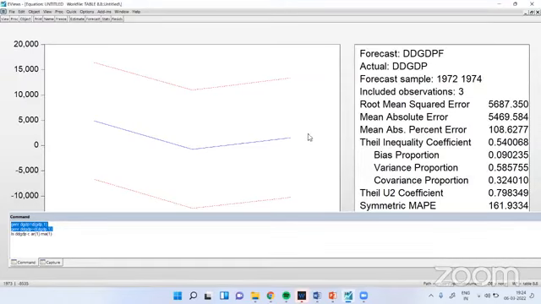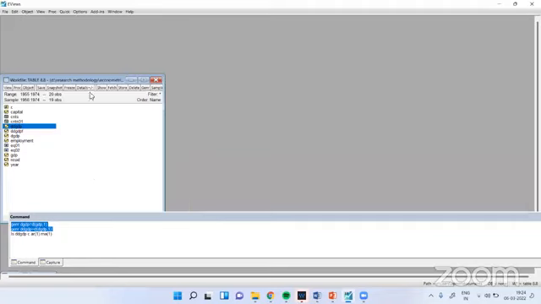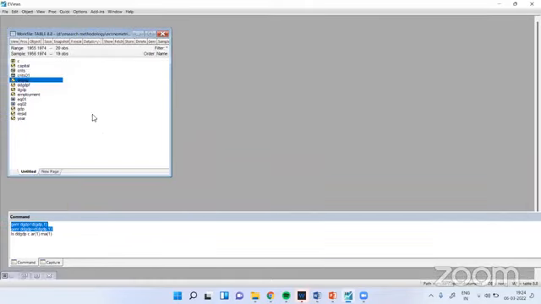But this is related to how good the model is. But there is one more thing which we will have to do, minimize this. And there will be a new series which has been generated, the forecasted series, F. Can you see? The forecasted series will come into existence. Is it there?